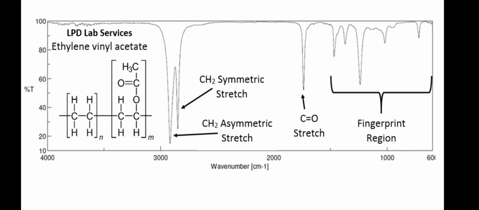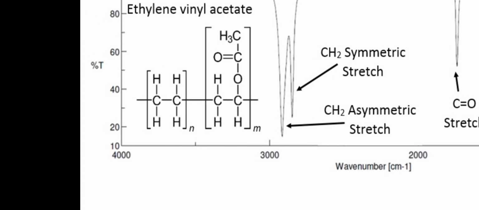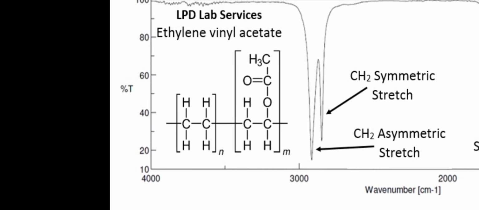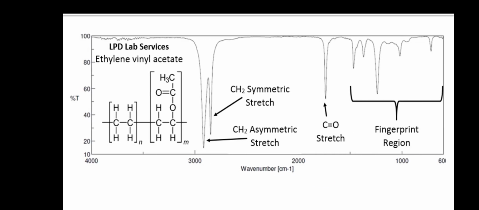So on the y-axis there is transmittance, percent transmittance. On the x-axis there is wave number, which is centimeter inverse. So in ethylene vinyl acetate, how many stretches? One, two, three, and four types of stretches occur in the ethylene vinyl acetate.